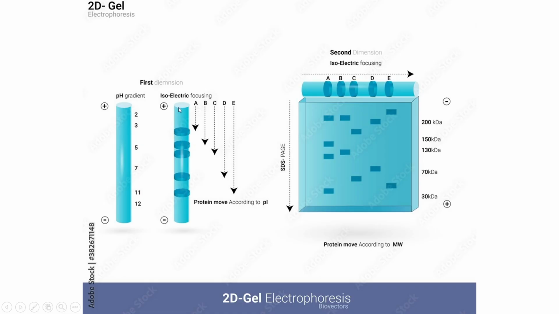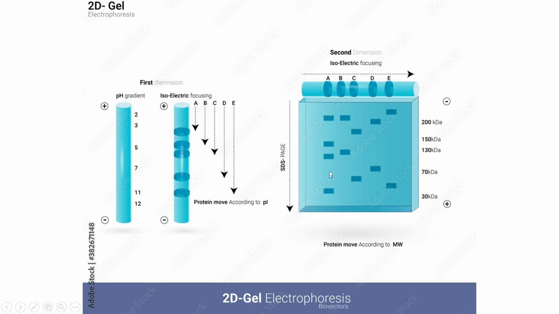Now after doing the first dimension, you equilibrate the sample and denature the proteins present in the location itself, and then those can be separated again using a second dimension, which is SDS-PAGE, and you can accurately analyze what type of proteins were present at that specific PI.